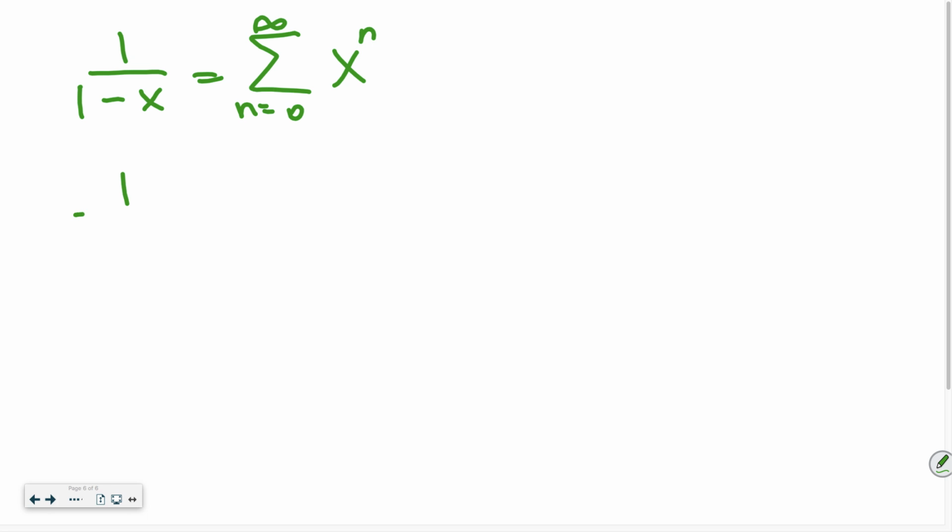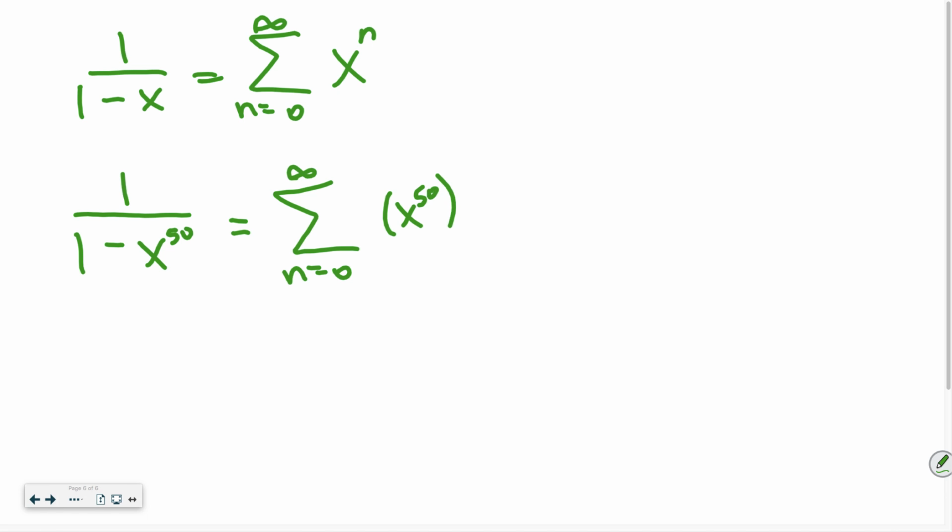So if you have 1 over 1 minus x to the 50th, x becomes x to the 50th to the n. I don't need parentheses. X to the 50n.